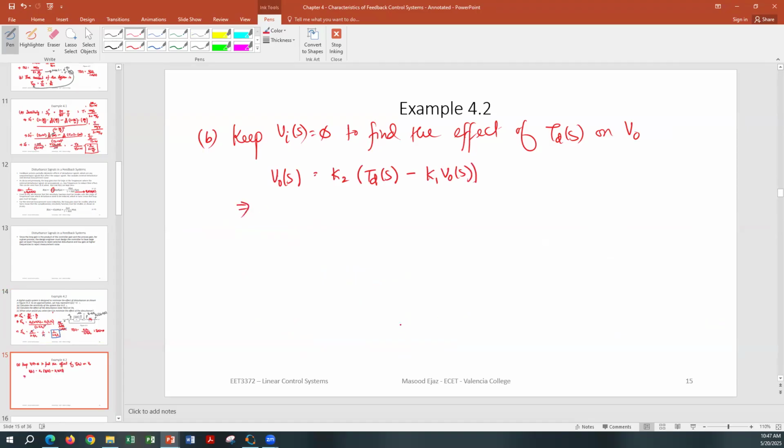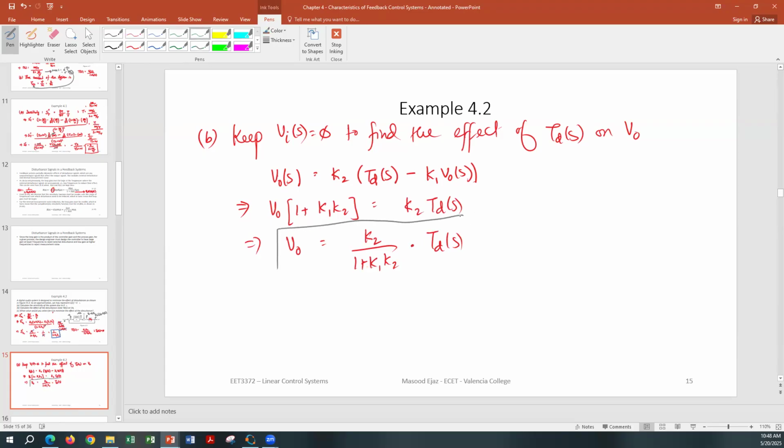Since we are trying to figure out what is V out in terms of TD, V out on one side of the equation, V out times 1 plus K1 K2 is equal to K2 times TDS. So this is the output voltage because of your disturbance.